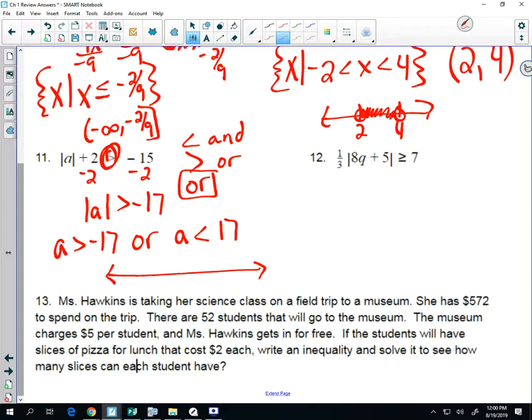I want everything greater than negative 17, starting at negative 17 and going greater than that. Or starting at 17 and going less than that. If this were an and statement, the answer would only be where they overlap. But because it's an or statement, it means this or that, which means everything is shaded in on my number line. So the answer to this is actually all real numbers.